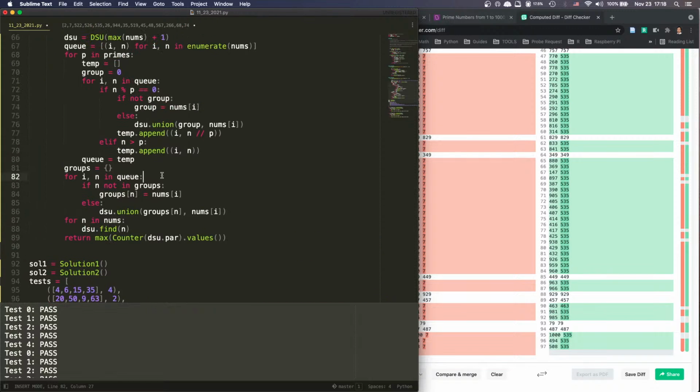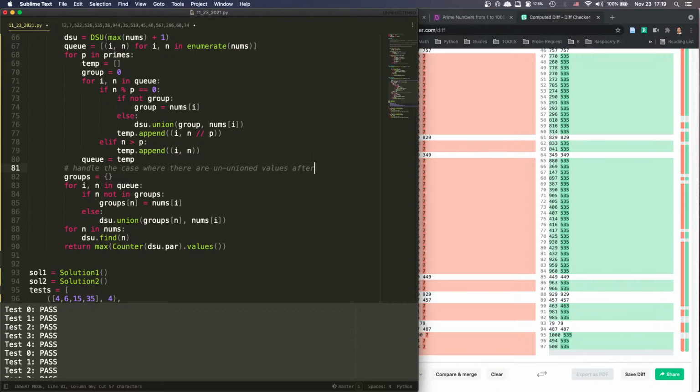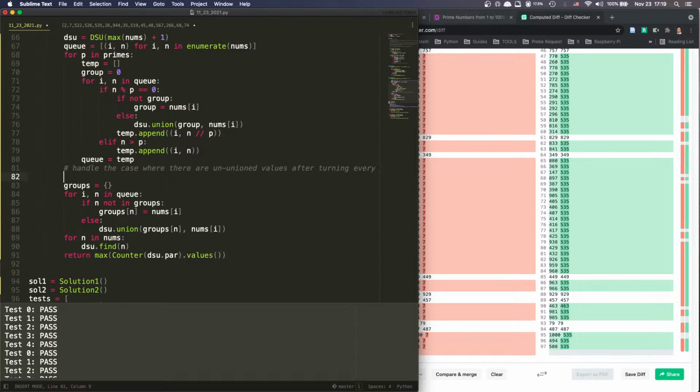So this is to handle the case where there are ununioned values after turning every number to a prime.